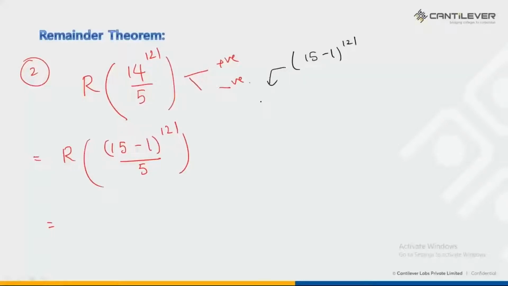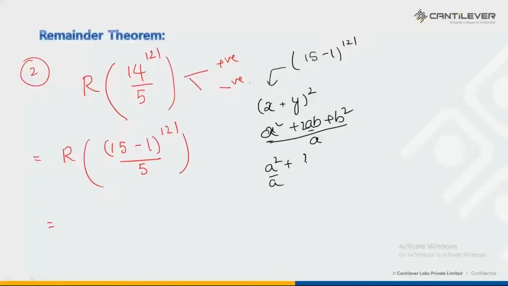Let's say you got (x minus y) whole square, or (a plus b) whole square. Simple: a square plus 2ab plus b square. That's what we are doing, right? See, if you look at this one, wherever a is present, if I divide this entire expression by a, I can split it as a square by a plus 2ab by a plus b square by a.